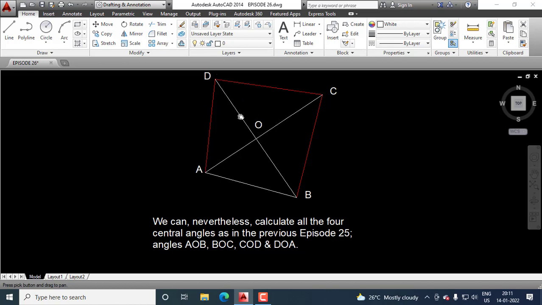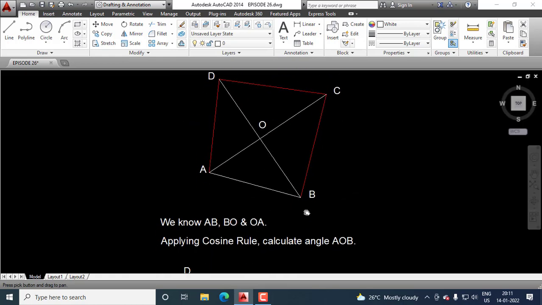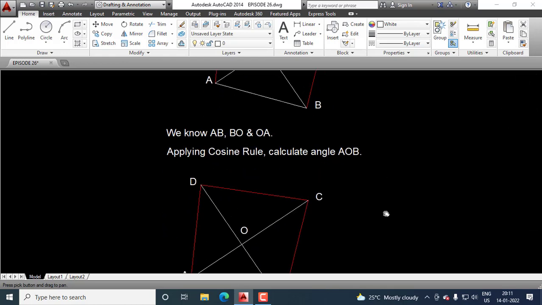We can calculate these four internal angles, central angles, as we did in the previous episode. We know AB, we know BO, we know OA. So we can calculate angle AOB by applying cosine rule. So we calculate angle AOB.